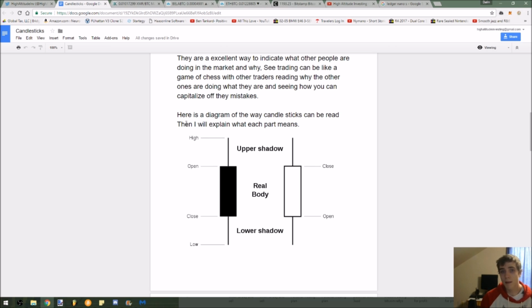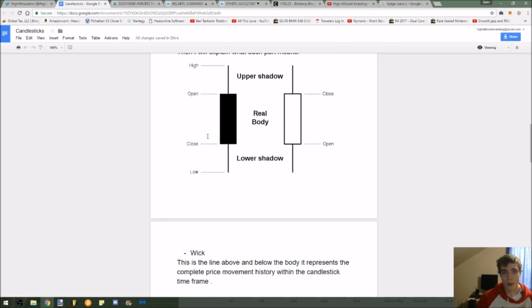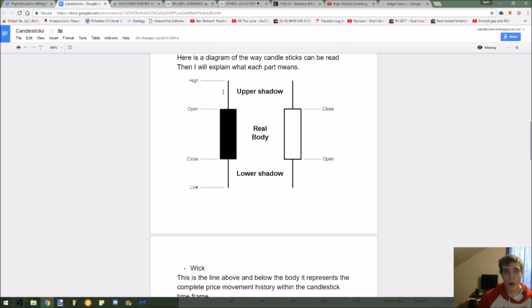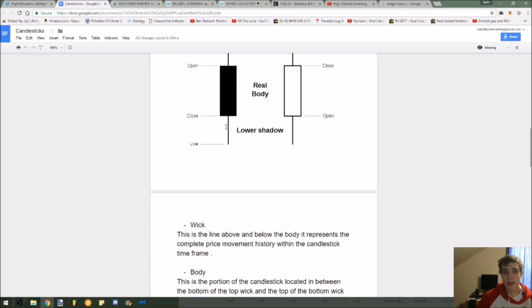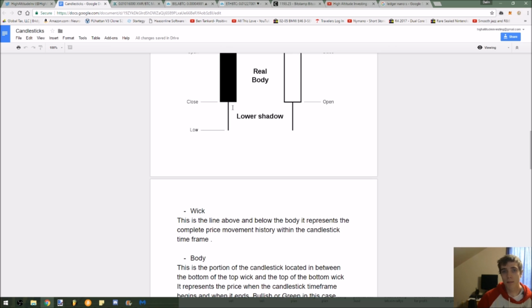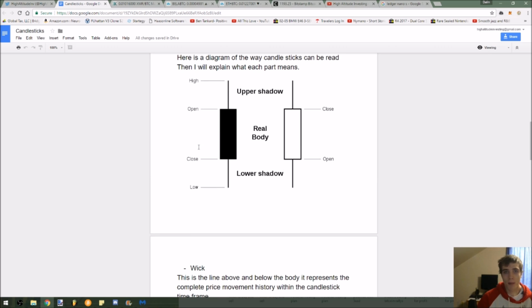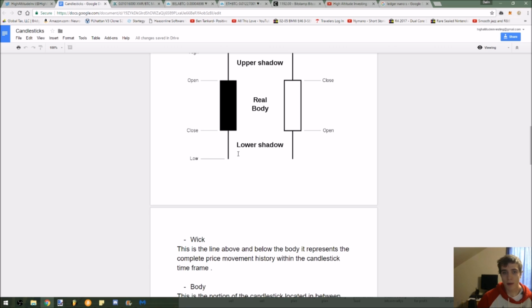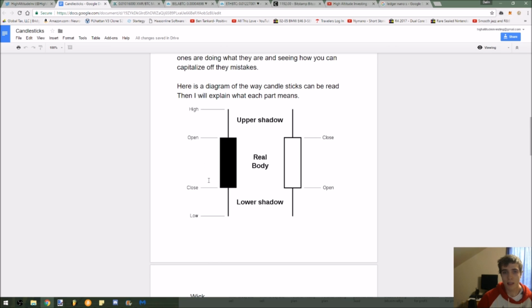Now here's a diagram that shows you what candlesticks are. So I'm just going to go ahead and point some things out right here. Basically, the wick is this black line right here, and this is the line above and below the body of the candlestick, and it represents the complete price movement in a given period of time.